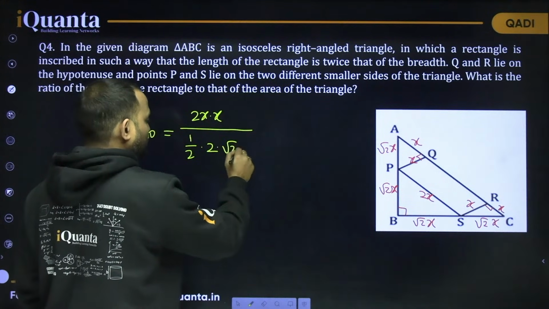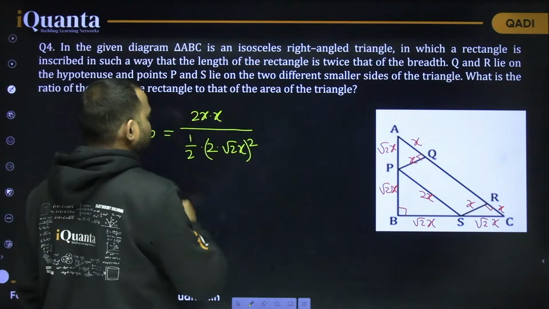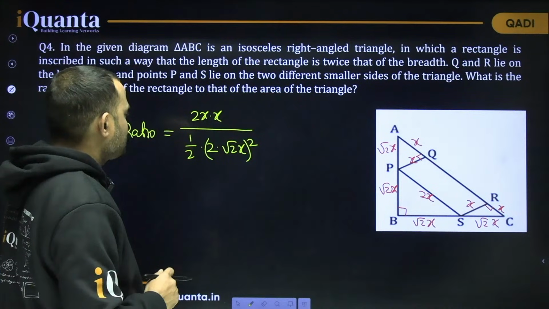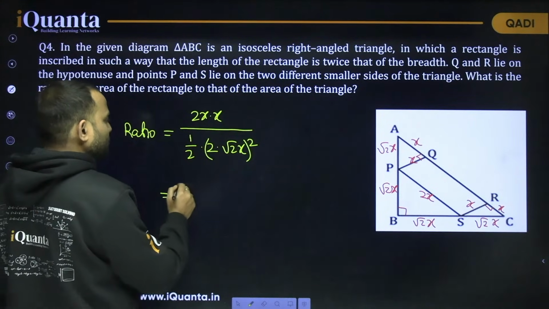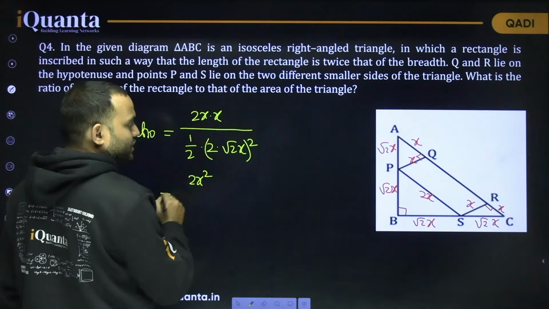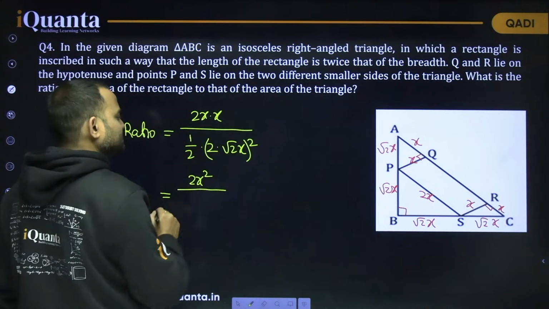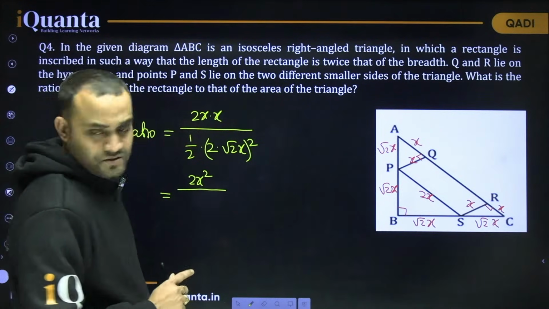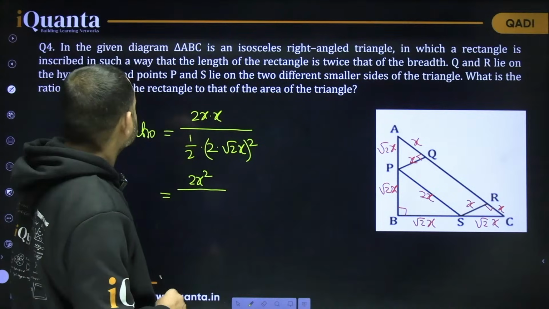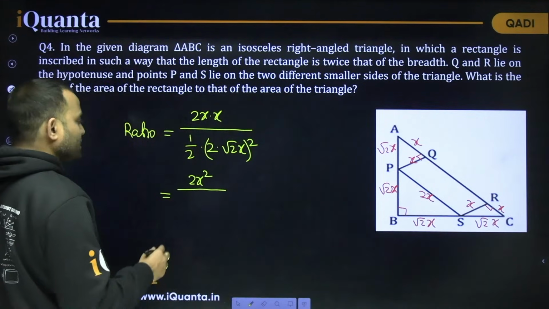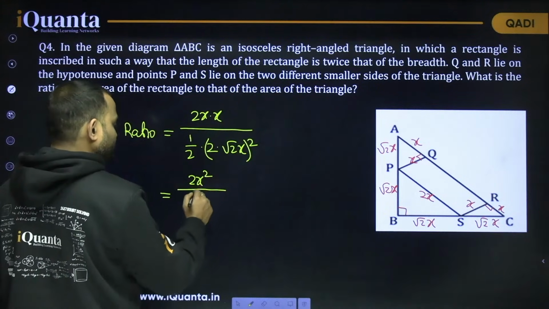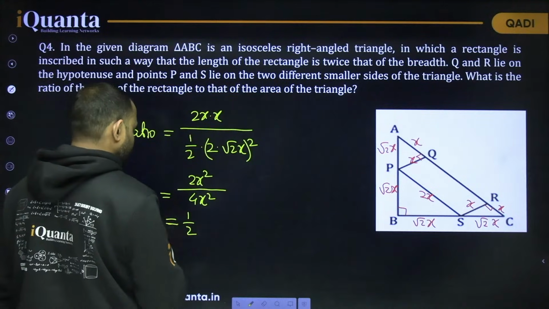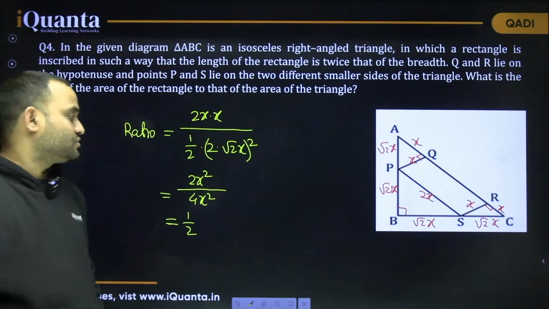Something is wrong, let me check. Yes, the triangle's area will be bigger, okay. So this will become 4x square, so that is equal to 1 by 2. This is the ratio that we are looking for, 1:2.